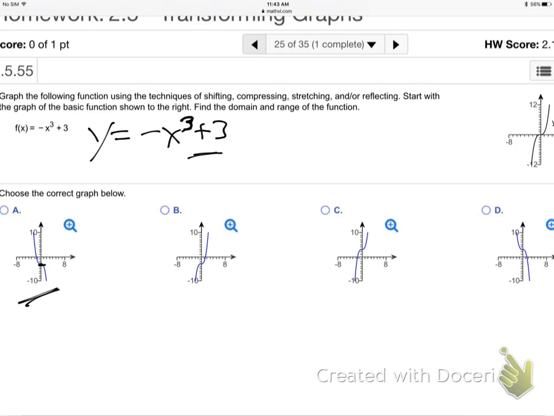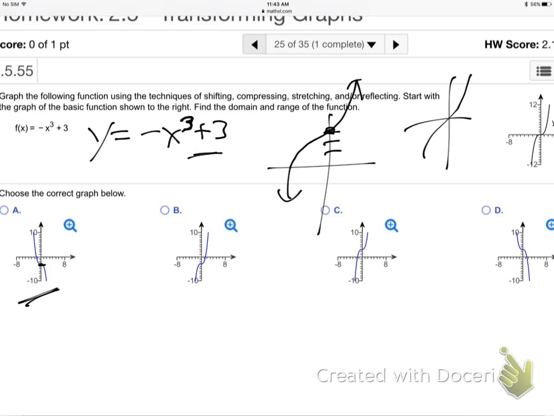Yeah, you're right in this case, but they can be more subtle than this example because the flip can happen afterwards. In other words, if I take the normal x cubed graph, which normally goes like that, and I first move it up 3, and then afterwards I flip it, remember, it doesn't just flip in place.